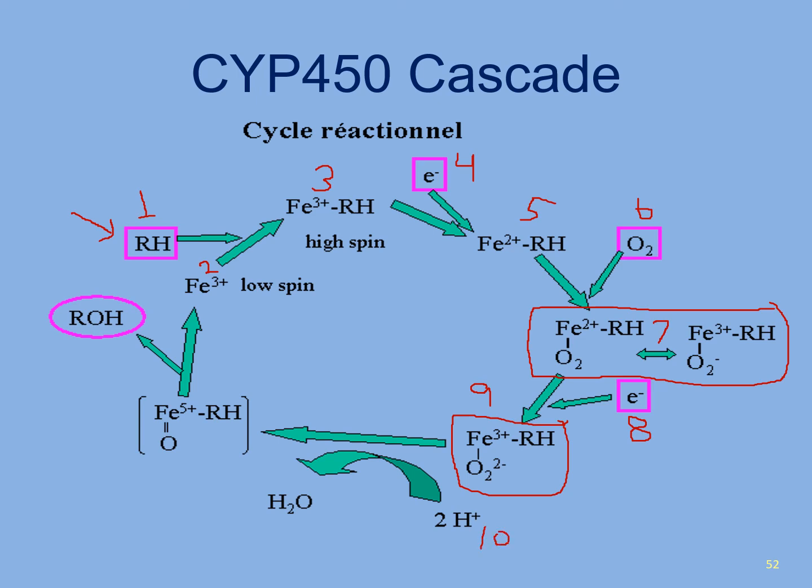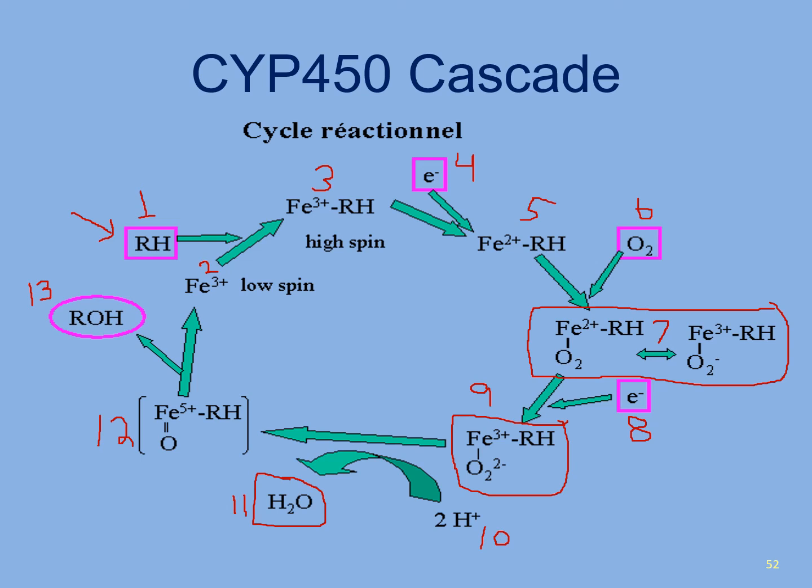And when the hydrogens get pulled in, what they do is complex with one of these oxygens, and it hydrolyzes the compound, splits off a water, which we'll call number 11. And that leaves yet this brand new compound you see here as item 12. And when this happens, the low spin iron splits off, and what you are left with is oxidized drug, item 13. And this oxidized drug is much more water soluble than the initial drug that entered the cascade.